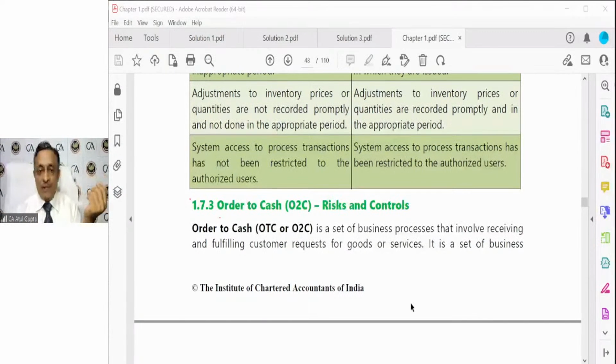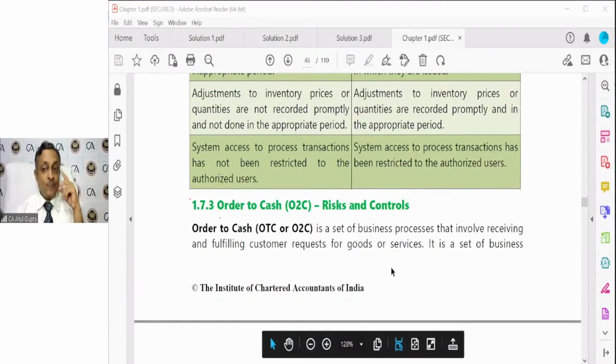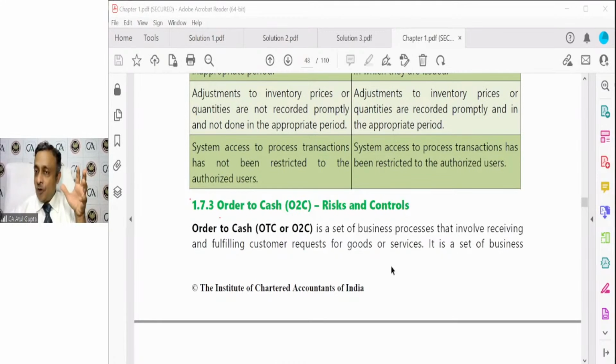Okay. Coming to the next, O2C, order to cash. When we read this, you can remember the snack seller, the example I gave you. Very good, Darshan. Let us read what Darshan has written and then redraft it. If the system is improper, then automatically the financial systems are improper.